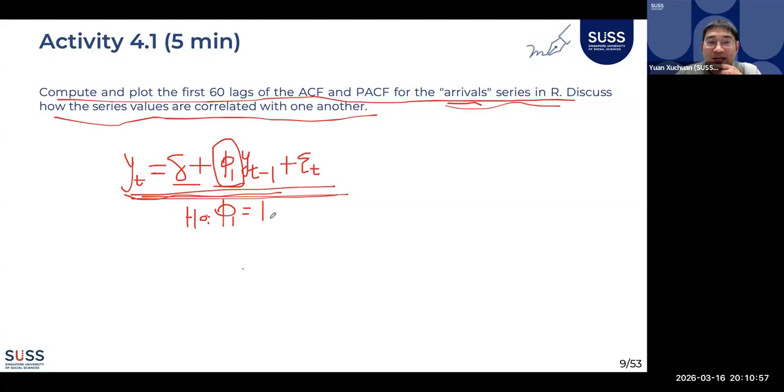If you take a difference, for example, of Y_t, suppose there is a unit root. So we use, for example, rho times Y_{t-1}.